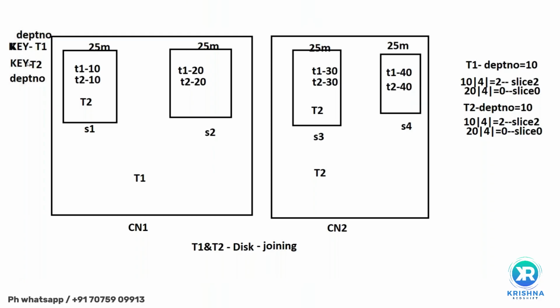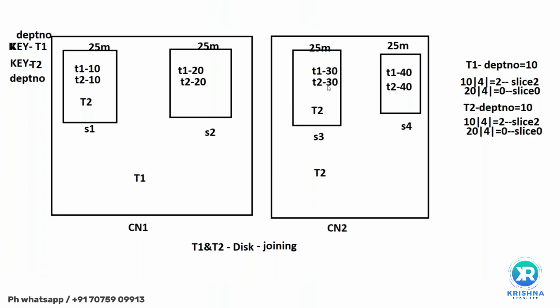See here, for example, department number 10, whether it comes from the employee table or the department table, it will go to the same slice. Similarly, department number 20: if this 20 value comes from T1 or from T2, they will go to the same slice.